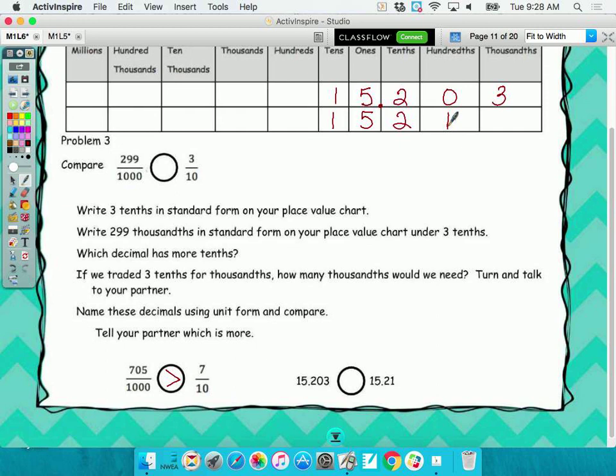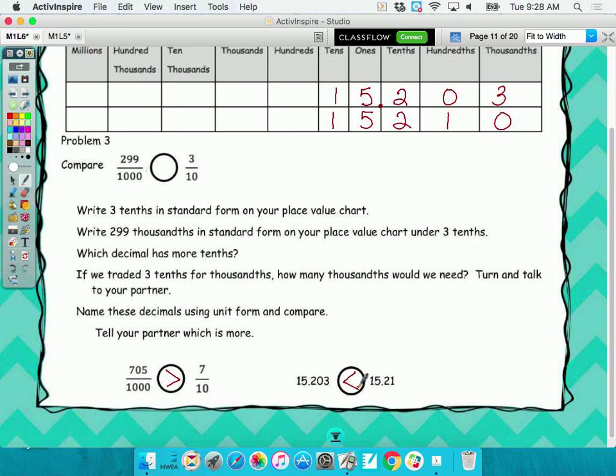Okay, fill in with zeros, and somebody in block 1 even called them trailing zeros because they don't change the value. Going across, the hundredths place looks to me like it's the first one that has numbers that are different. Which is larger? 15 and 210 thousandths, or 15 and 21 hundredths?